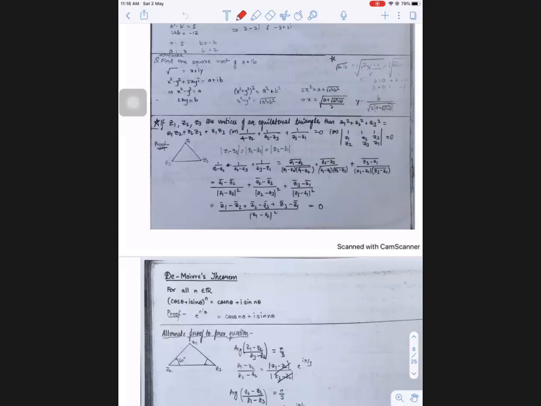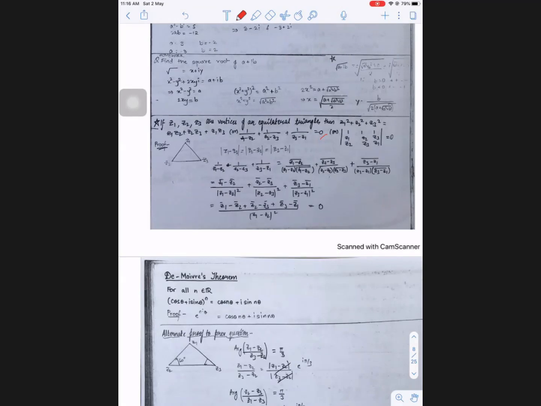Here I apply a different method. I take this equal to 0, and this is the result I want to prove. So I multiply and divide by mod (Z1 minus Z2) square, which is exactly equal to mod (Z2 minus Z3) square and mod (Z3 minus Z1) square.